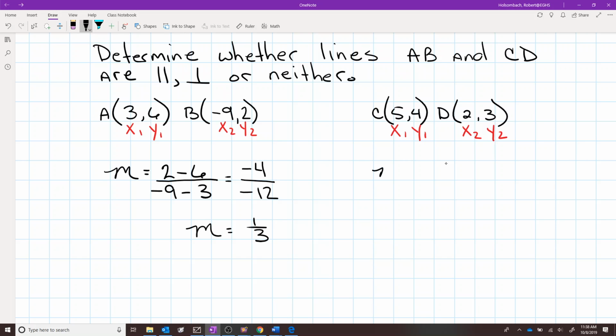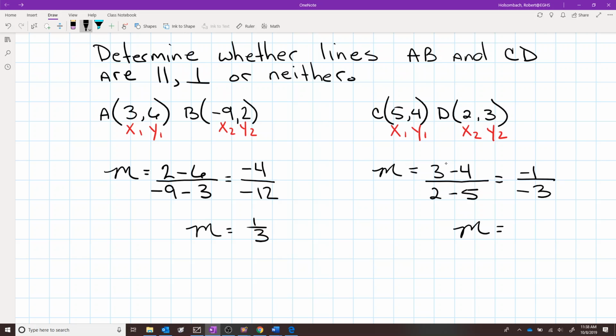In line CD, your slope is going to be equal to 3 minus 4 over 2 minus 5. 3 minus 4 is negative 1. 2 minus 5 is negative 3.